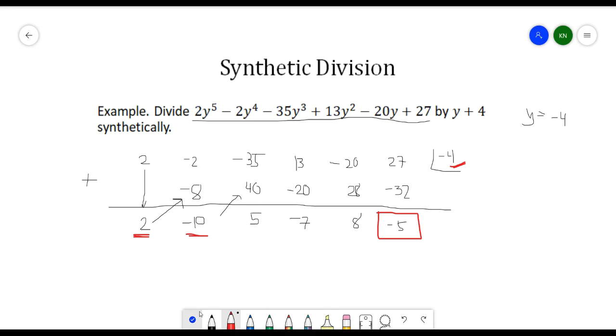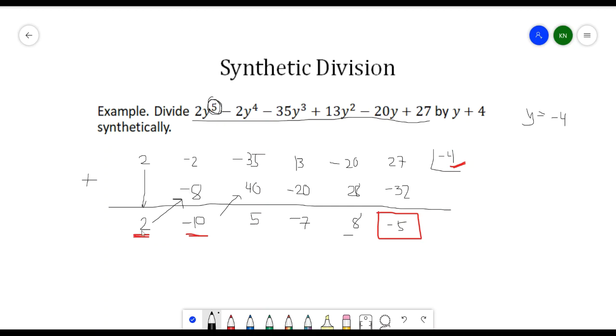Now, after we got these coefficients, we will be rewriting this one in an algebraic expression. So that being said, as you can see, the highest exponent that we have here is 5. After we got the quotient of our polynomials above, this exponent, the 5 here, will be reduced by 1.